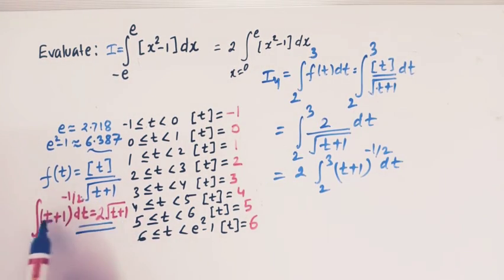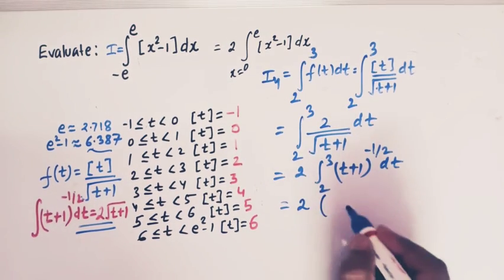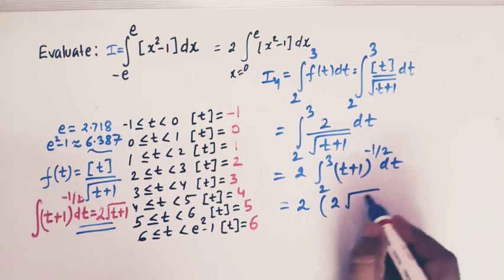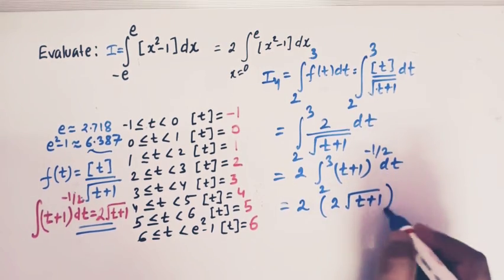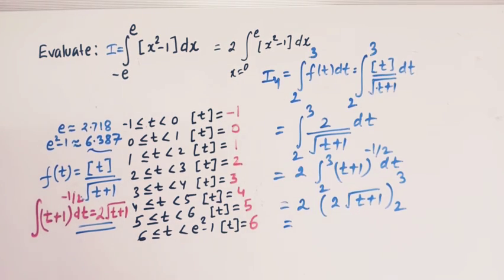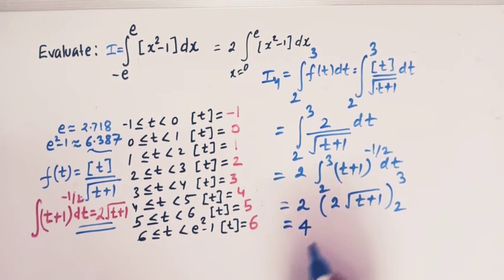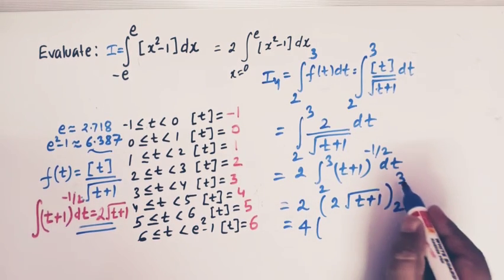So again, making use of this result, we'll have here 2, and then we'll have 2 times the square root of t plus 1, and the limits are from 2 to 3. Now taking this 2 outside, here we'll have 4, and then we'll substitute the limits.